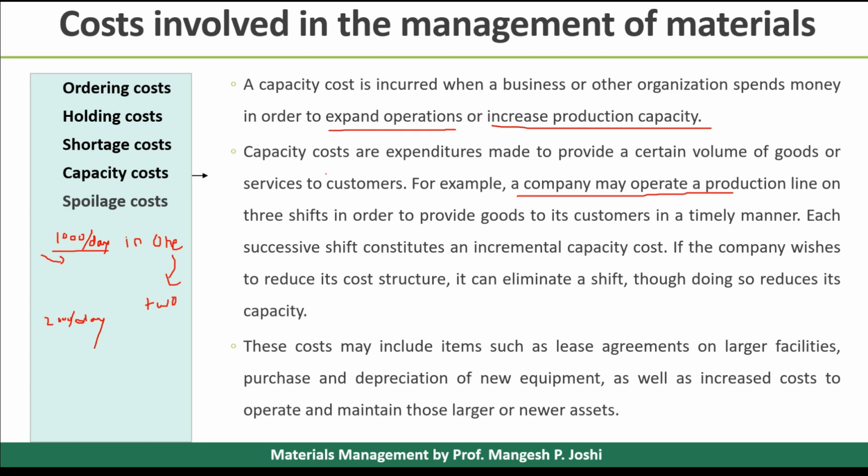If the company wishes to reduce its cost structure, it can eliminate a shift, though doing so reduces its capacity, right? This cost may include items such as lease agreements on larger facilities, purchase and depreciation of new equipment, as well as increased costs to operate and maintain those larger or newer assets, right? So everything comes under capacity costs.